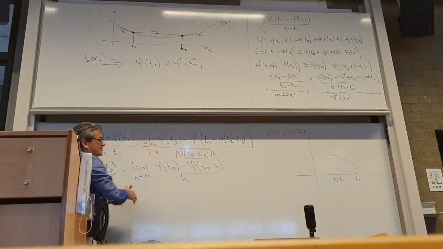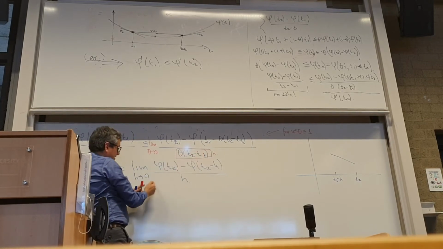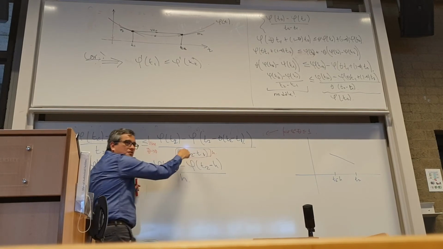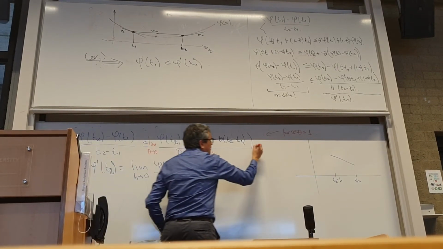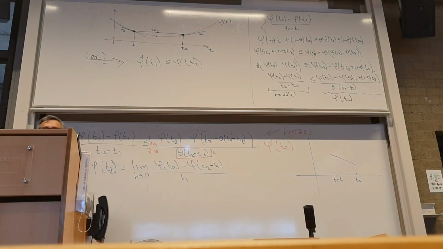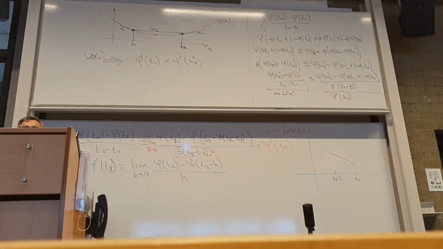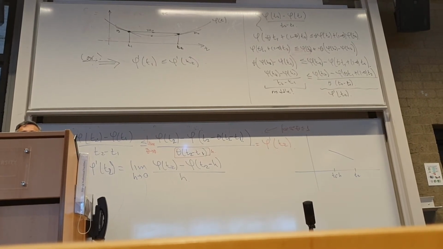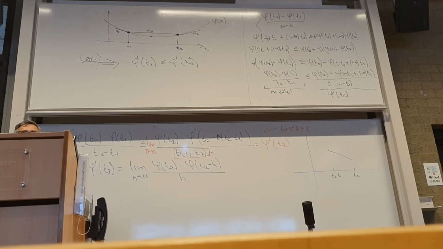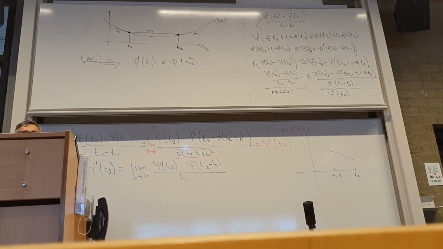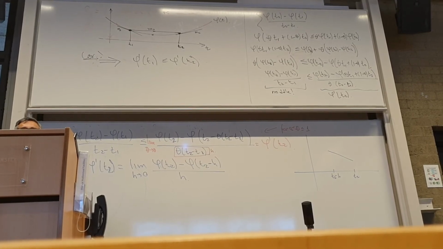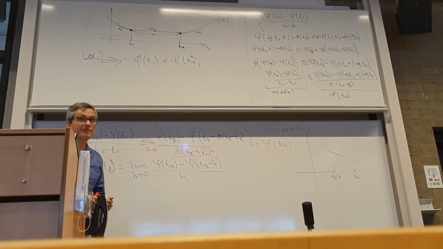But notice that this is just h, the same h that I have here. When theta goes to 0, this part here goes to 0, and therefore this is equal to phi prime of T2. Okay? Questions here? If you have questions about the algebra, it's also okay to ask.